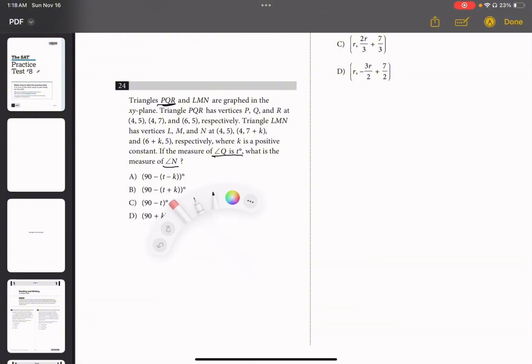I'm going to draw this differently so it's easier. (4, 5) would be here. (4, 7) should be like here. And then (6, 5), which would be around here. So that would give you this triangle.